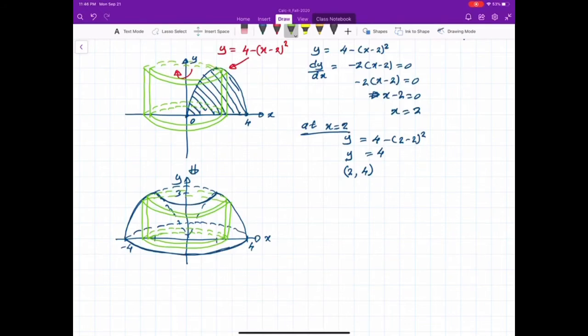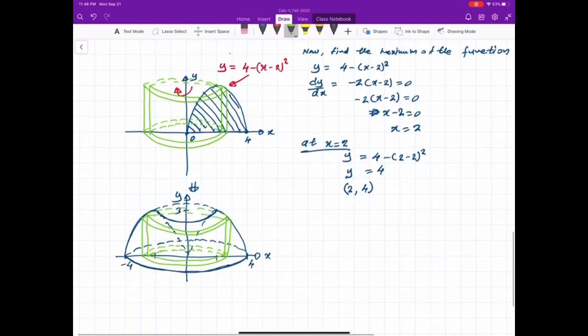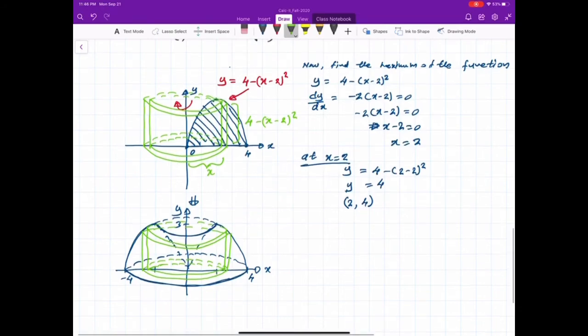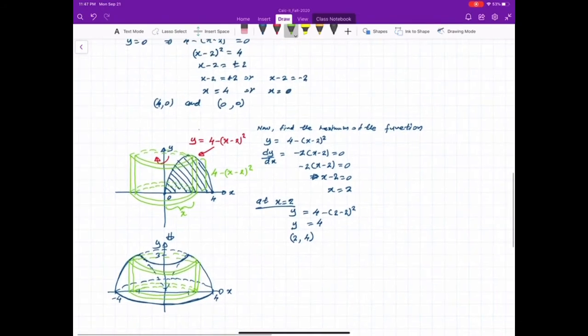Okay, the height of the cylinder is what we have to understand here. The height of the cylinder is actually this function value, which is 4 minus (x minus 2) squared. So that's the height of the cylinder. And that is x, the displacement of x. Now this is a case where we rotate about the y-axis.